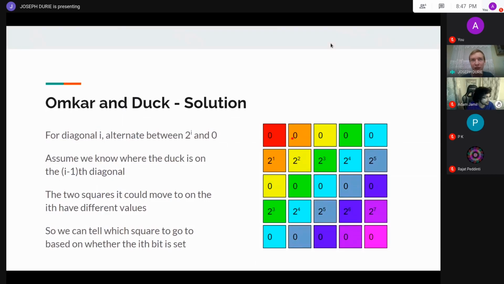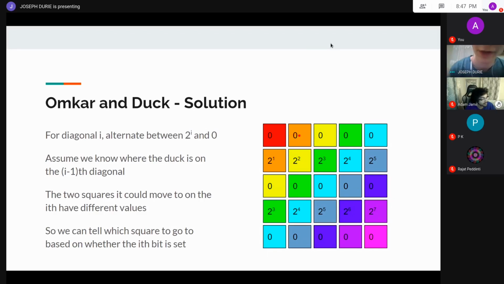You can check this based on whether the first bit is set in your number, because all of the values on these later diagonals can't affect the 2 to the 1 position of your number, since they are all bigger multiples of 2. So the 2 to the 1 bit of your number is determined entirely by this orange diagonal here. If the 2 to the 1 bit on your diagonal is set, then your first move is down. Otherwise, your first move is right.